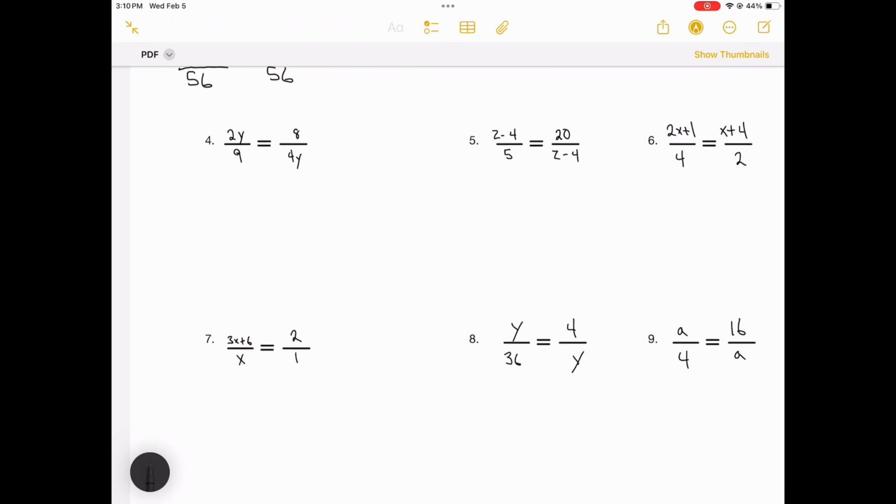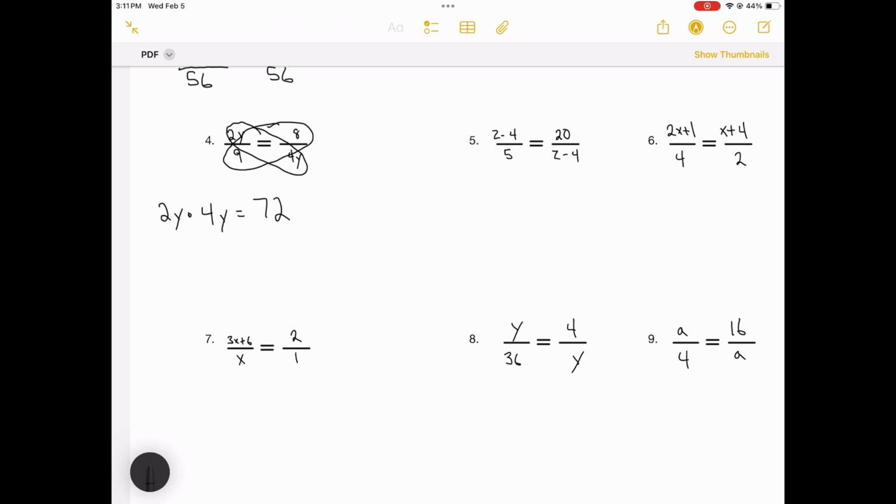Number 4, again, we're going to use the cross multiply or butterfly method, whatever you're used to doing. We're going to have 2y times 4y. I'll just put that right here because this one does get a little bit tricky. 72. Well, 2y times 4y, some people are just going to say it's 8y.